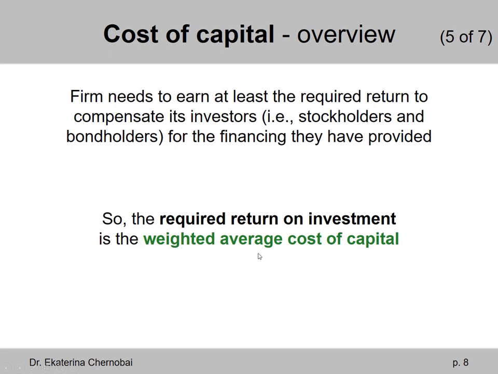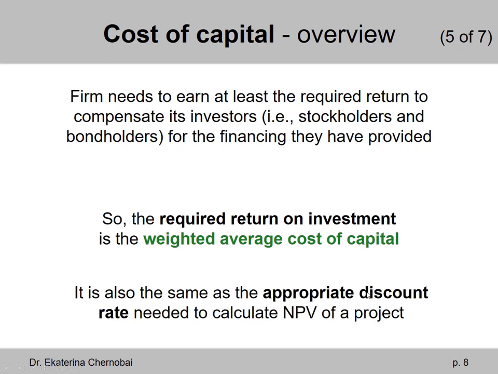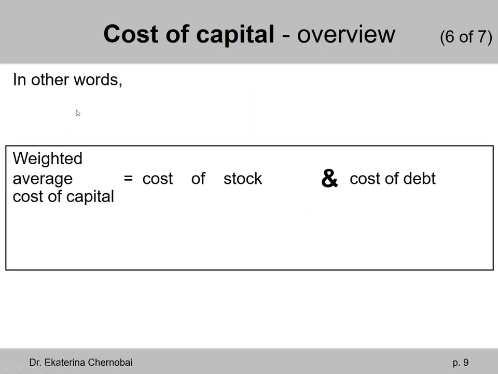It's like the average of the cost of debt and the cost of stock. It's also the same thing as the proper discount rate needed to calculate the net present value of a new investment project. In other words, we are now starting to derive this sort of average of the cost of stock and the cost of debt.